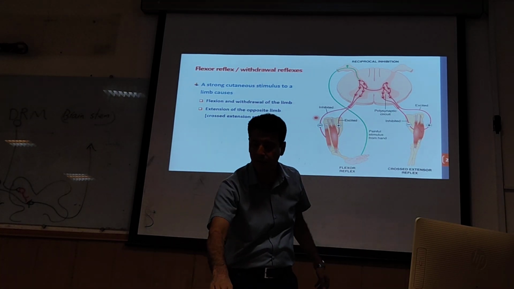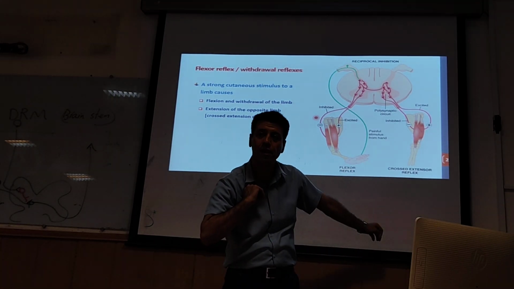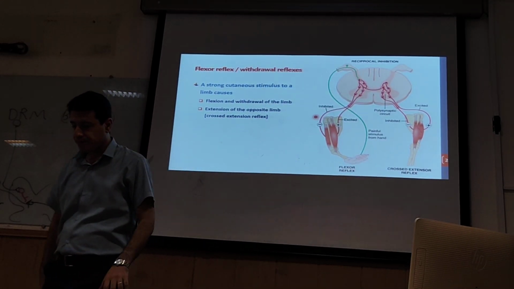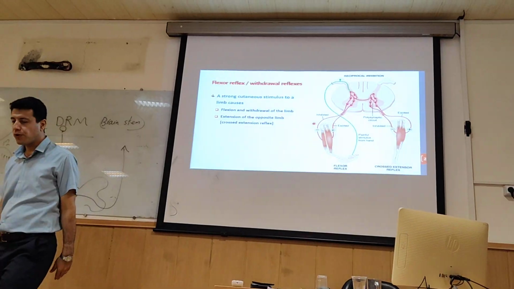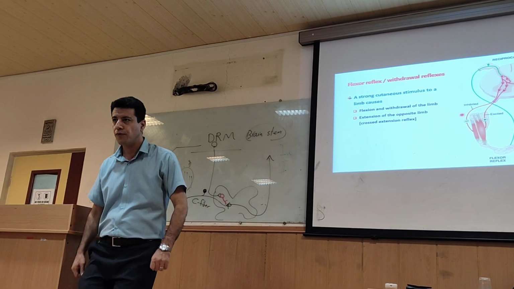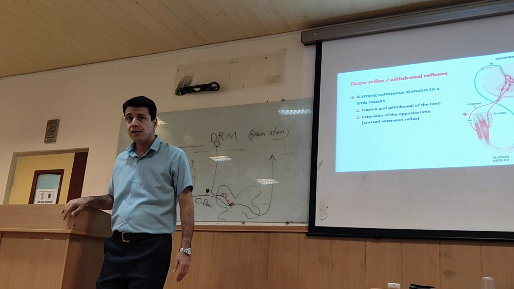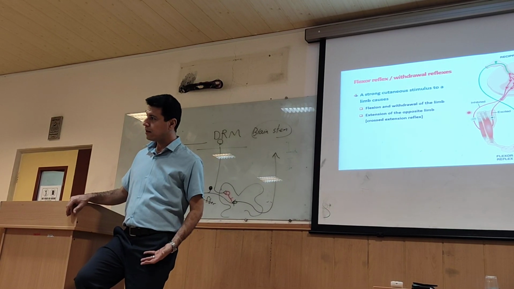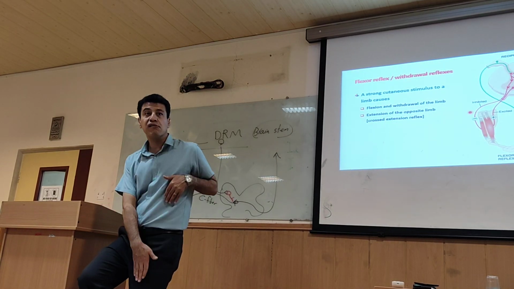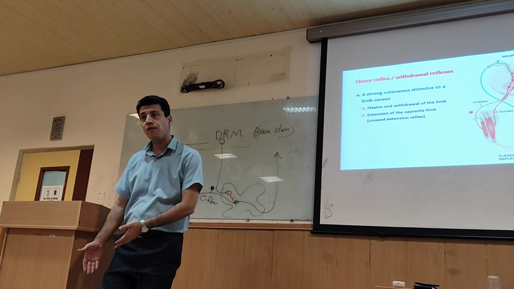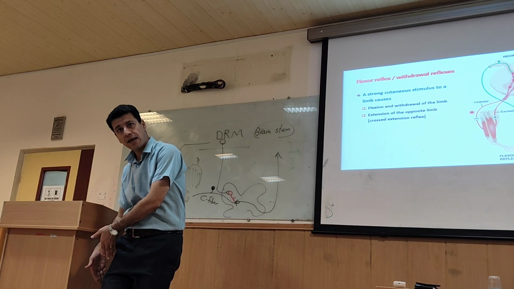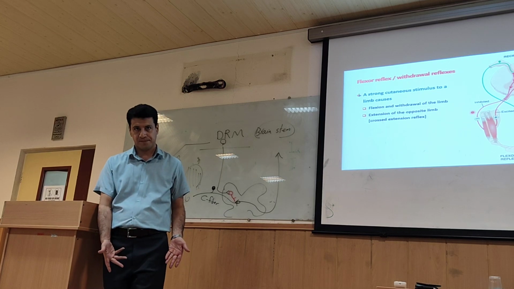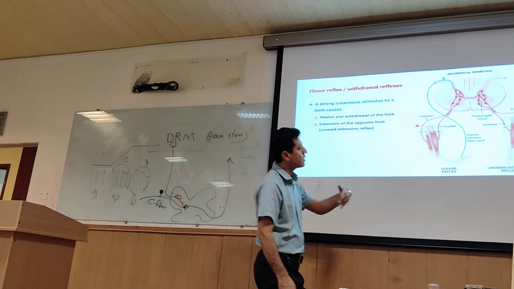So we call this the crossed extensor reflex. Maybe you hit your leg on something painful, you feel pain. The answer is flexion. The other leg should keep the weight, so it needs extension. So flexion happens on the same leg, extension happens on the other.